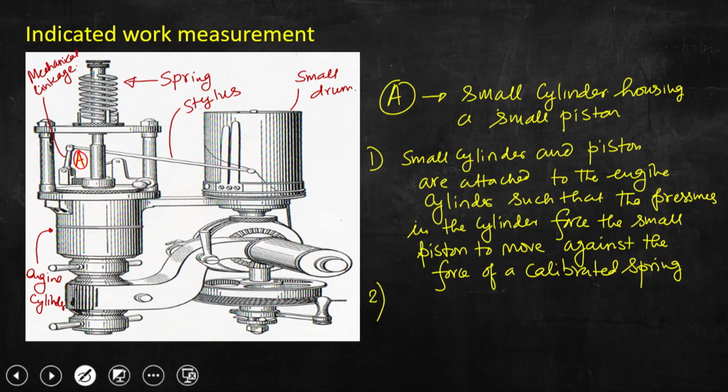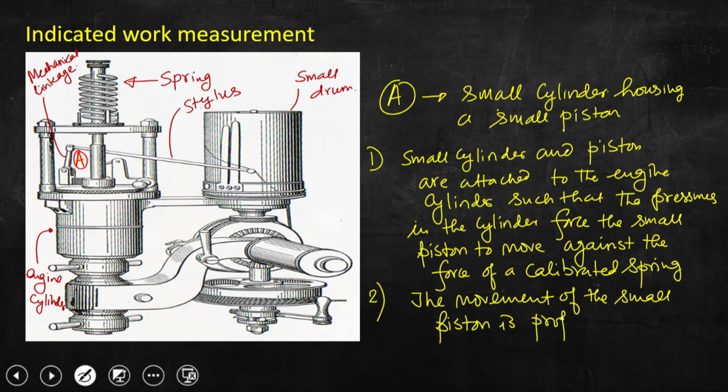So, number 2, the movement of the small piston is proportional to the pressure inside the engine cylinder.